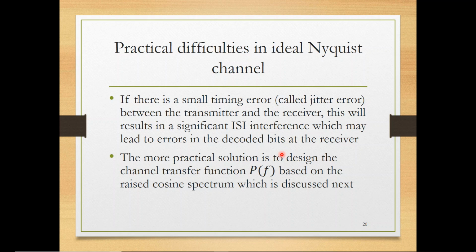Instead of starting your synchronizer at time t0, you started it after t0 plus a small delay. This causes some mismatch. We call this jitter error. Between the transmitter and receiver, they are not exactly synchronized. This will result in significant inter-symbol interference.